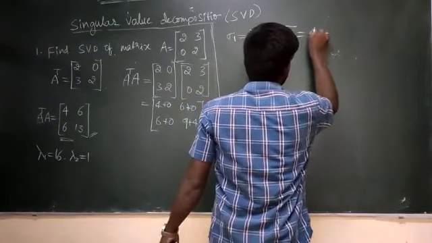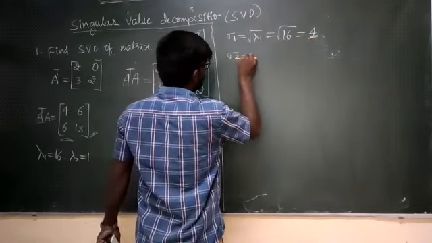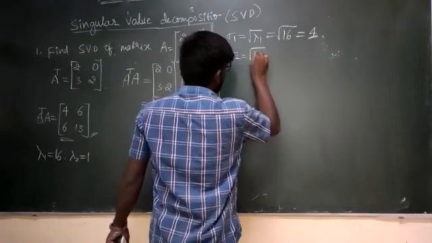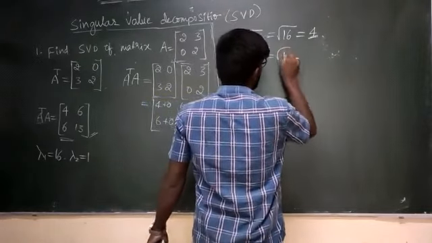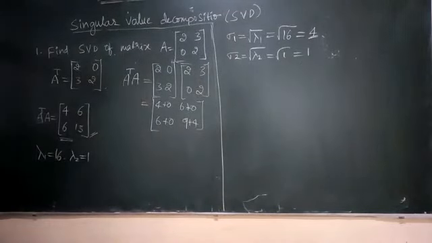Root of 16 is 4. This is sigma 1, the first singular value, and sigma 2 is root of lambda 2, which is root of 1, equal to 1. The first singular value is 4 and the second singular value is 1.